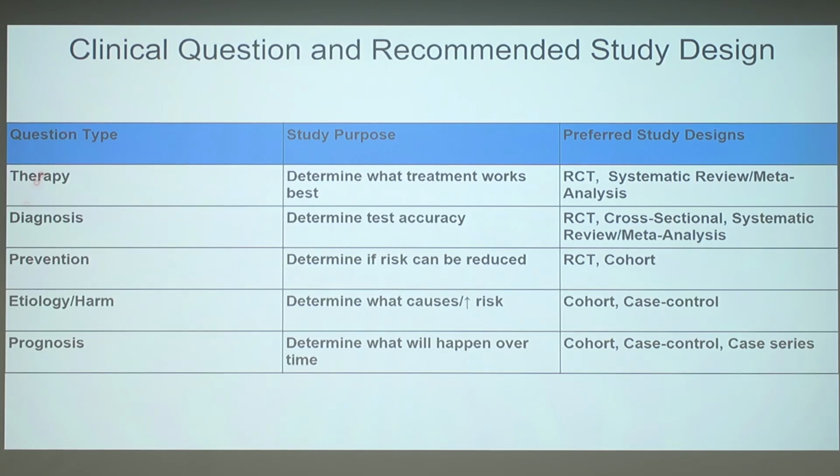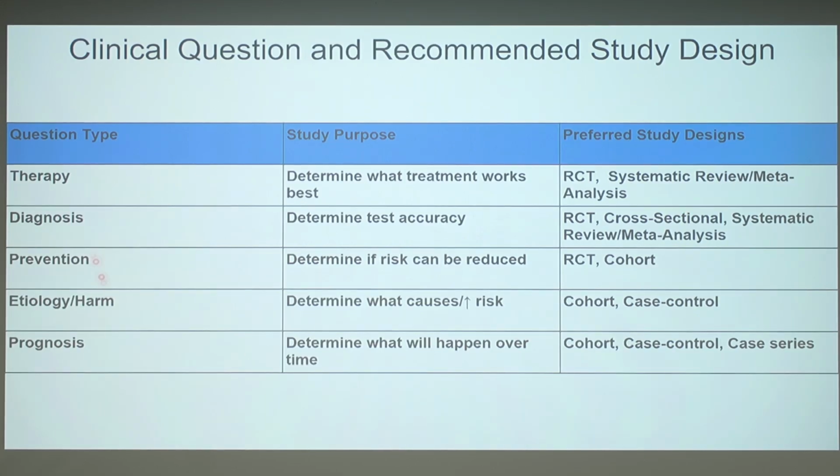Depending on the question type you ask for your PICO question, these study designs are preferred. So if you're asking a therapy question, of course, I mentioned RCTs are the best study designs, as are any study design that uses RCTs, like systematic reviews and meta-analyses.